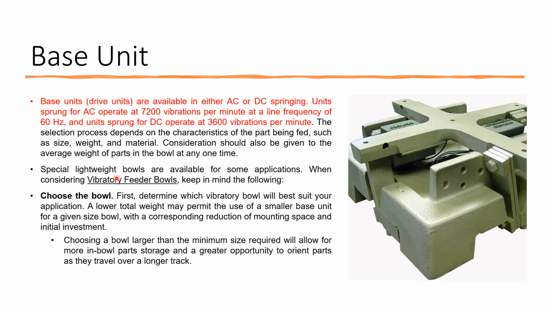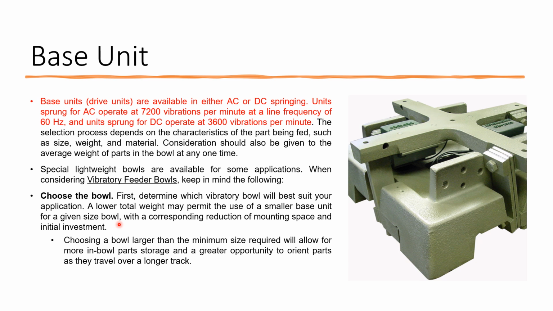While selecting the bowl, first we should determine the vibratory bowl that will best suit the application, and a lower total weight may permit the use of a smaller base unit for a given size bowl, because the bowl will have its own weight.